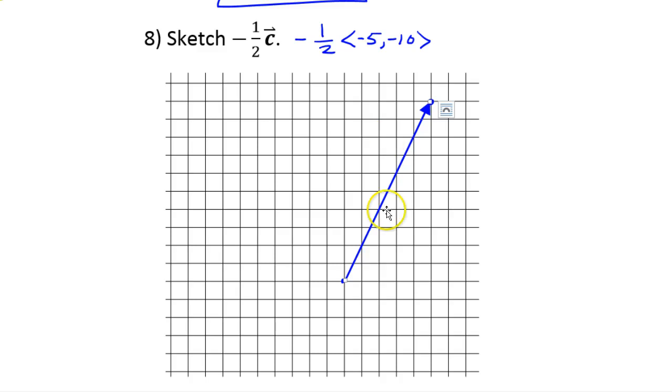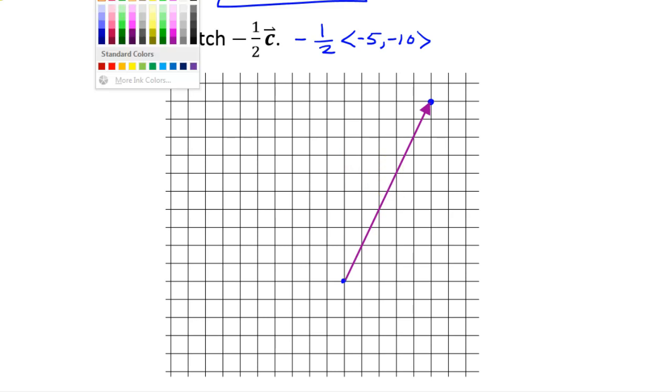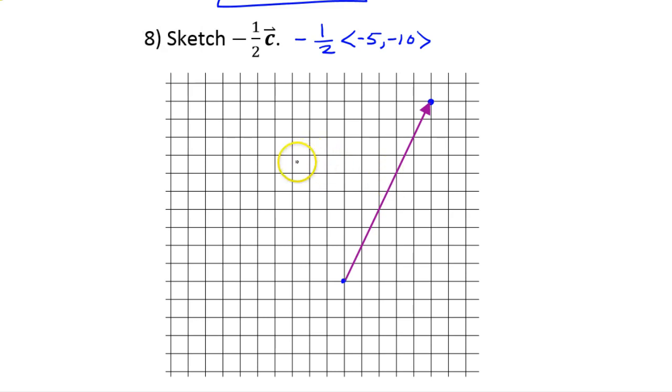That way I just don't have to redraw it. Alright, so now it's going the other way. So because I reversed it, I'm going to change the color to purple. That just reminds me that it's -C now. So at this moment, what I have drawn here is the vector -C. Alright, the whole thing is -C.